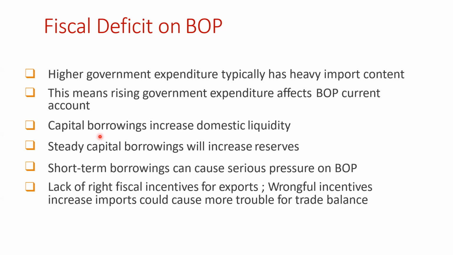You have to have the capital borrowings, and the other main thing is when you take these capital borrowings, that should be at reasonable interest rates. Previously, our governments took loans from these EXIM banks, maybe private institutions, at very high interest rates.